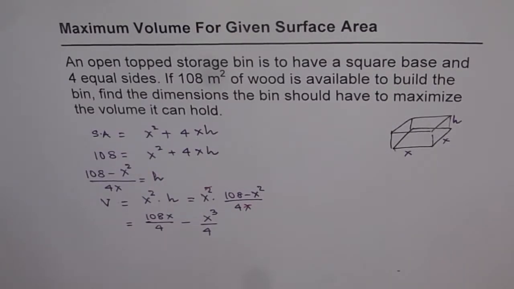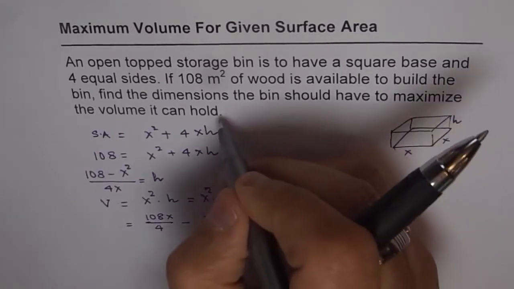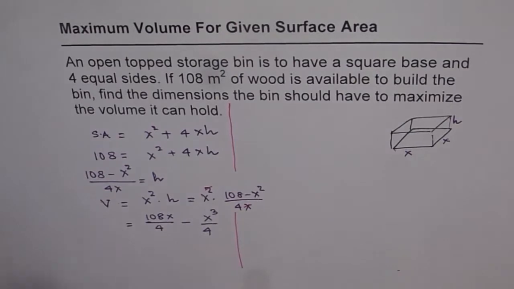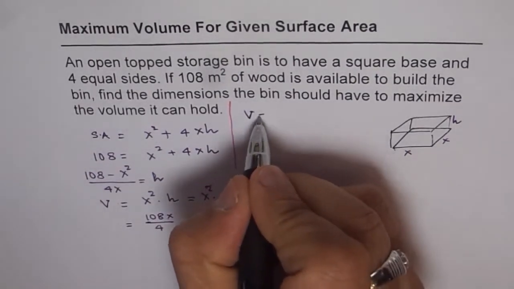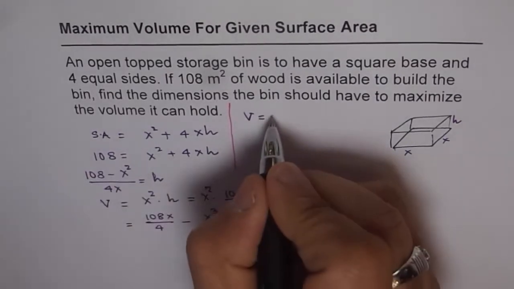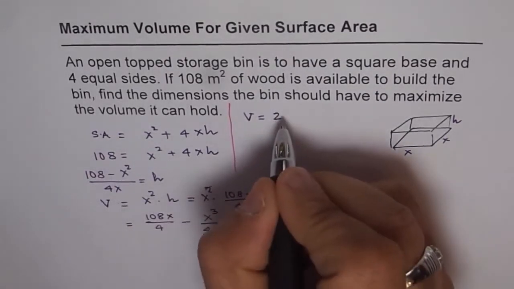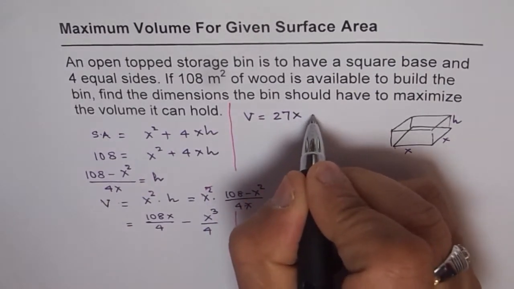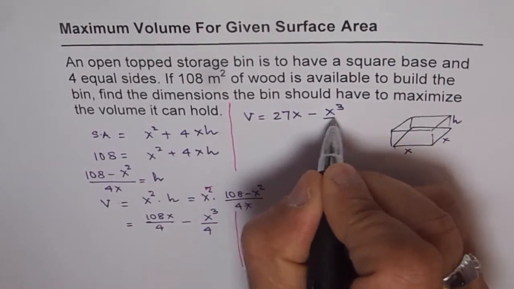Now we'll find the derivative and then solve for maximum volume, correct? So we have volume equals 108 divided by 4, which is 27, times x, minus x cubed over 4.